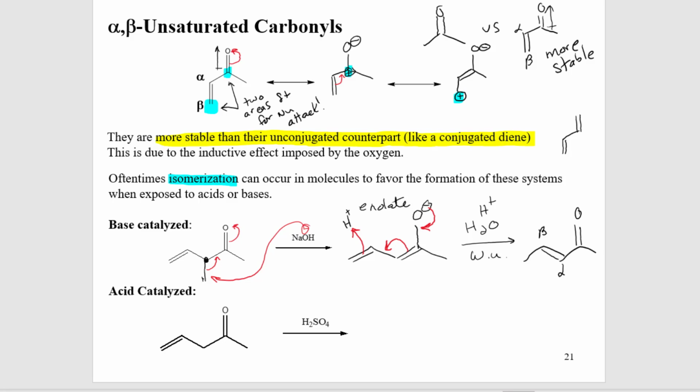Likewise, you can do the same under acidic conditions. Under acidic conditions, the enol actually is existing. And if the enol exists, we've got HSO4 minus. That is going to act as our conjugate base for the alpha position.